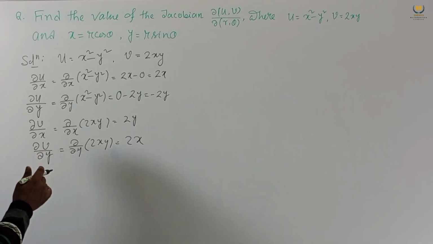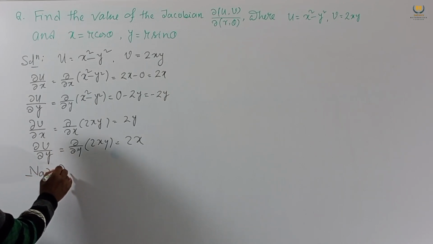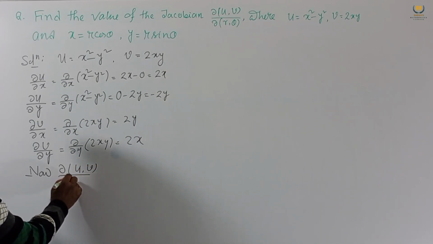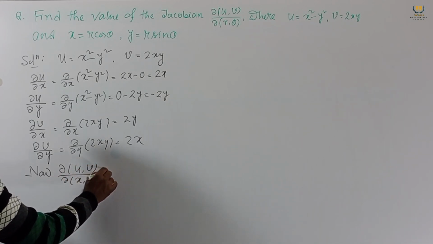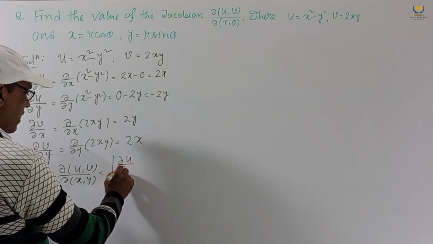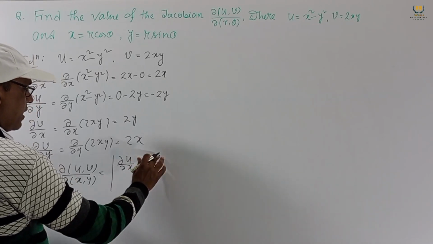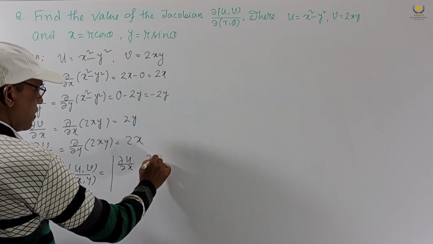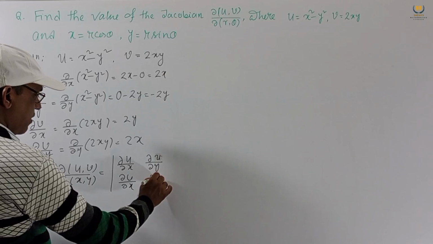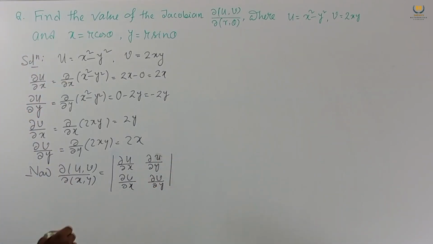So we get this. Now ∂(u,v)/∂(x,y), what will be the result? By definition of Jacobian, the determinant of ∂u/∂x, ∂u/∂y, ∂v/∂x, ∂v/∂y.